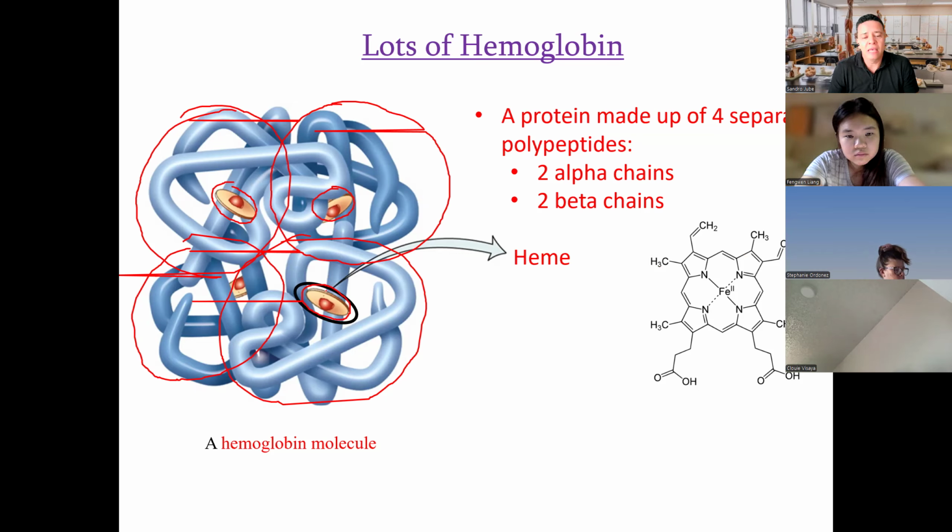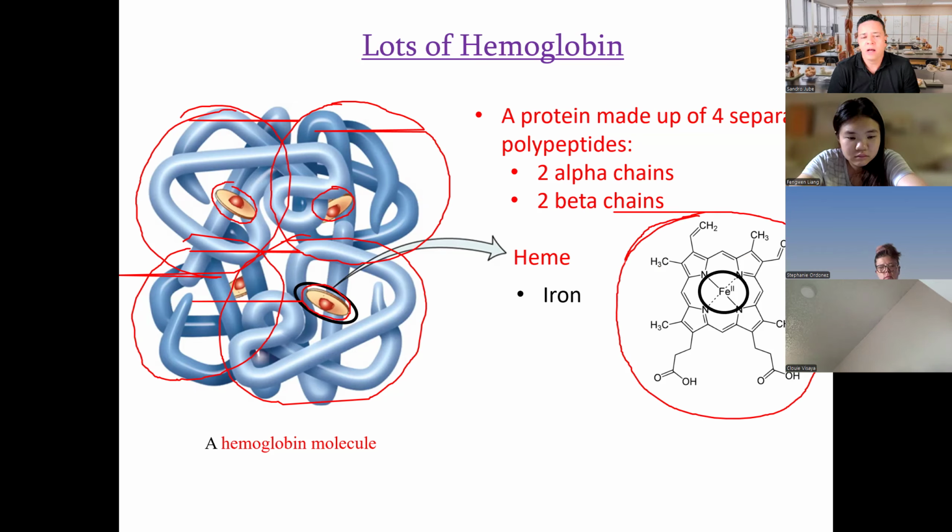Now, if I take the heme and I draw a chemical structure of the heme, this is what the heme would look like, okay? Now, I want you guys to focus on the center of this chemical structure, right there. We are going to find an iron core in the middle of the heme.